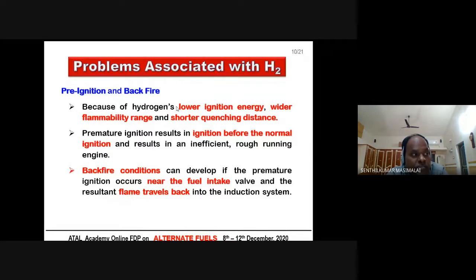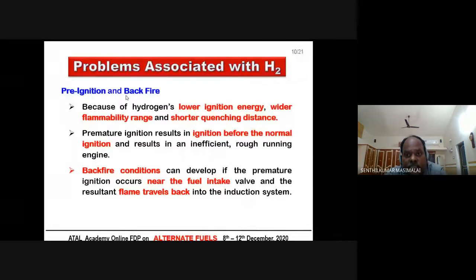And if the hydrogen cylinder explodes, what will happen? We have seen that the flame speed of hydrogen is 3 meters per second. So you will have dangerous effects. Handling hydrogen is very, very dangerous.